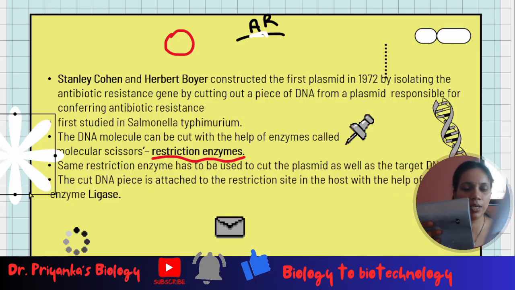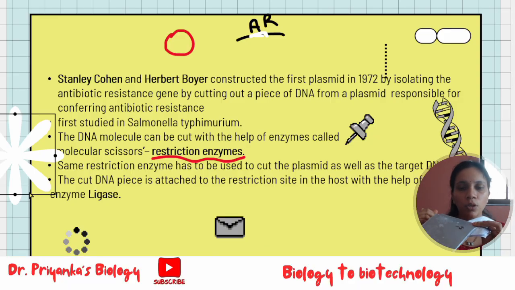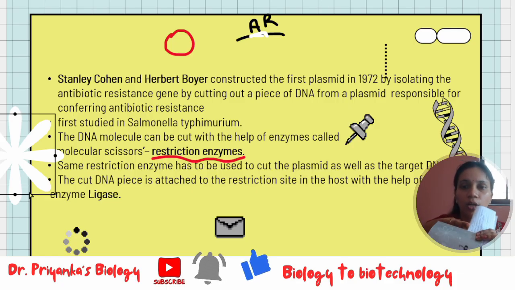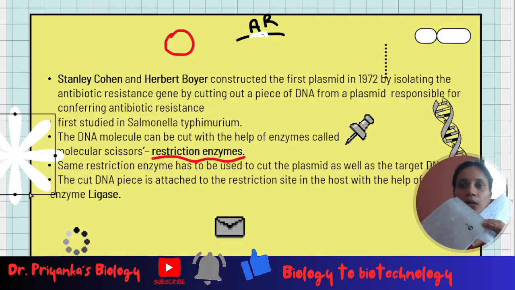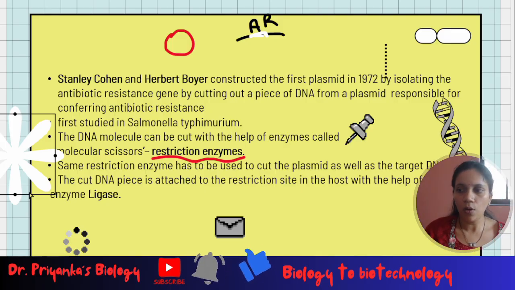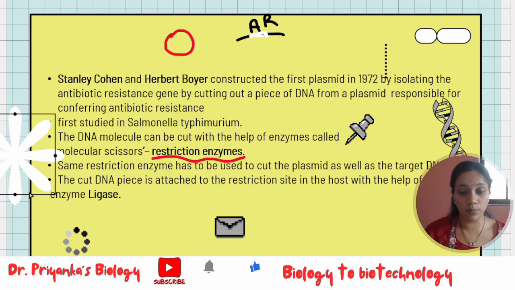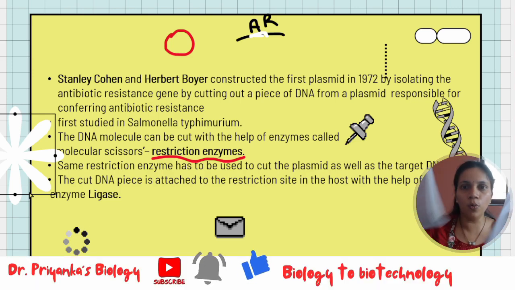Suppose I join both the things and I want you to cut them together. But the scissor that I have is very tiny, very small. So it will be able to cut only the area in this small paper and not the area of this notebook.